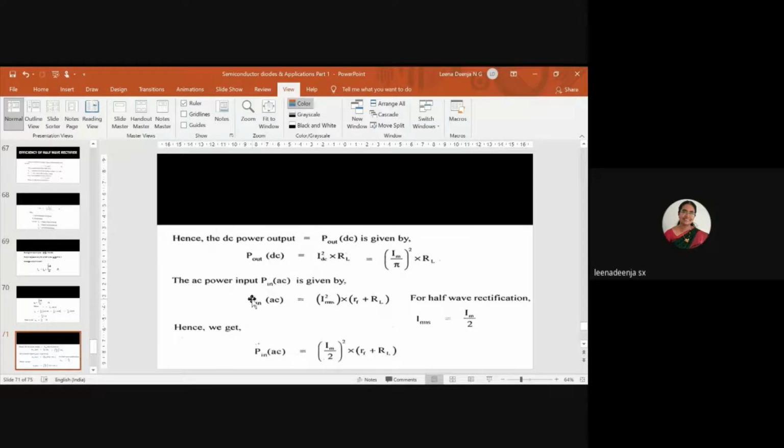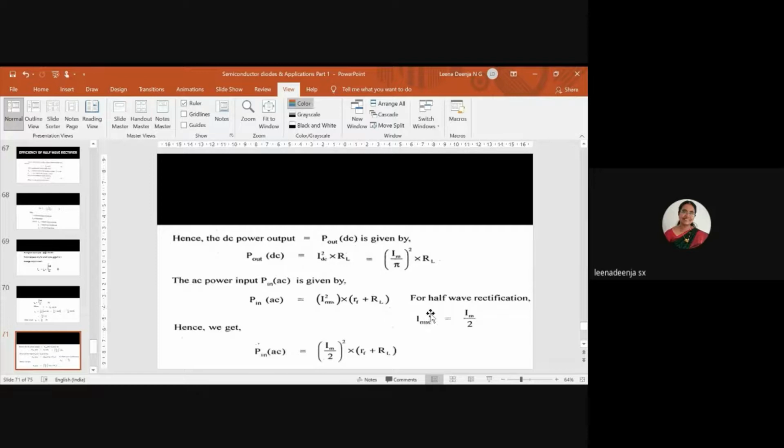Then we want to calculate the AC power input. The AC power input is equal to, AC ayathukonde nammal ividate current ine IRMS nedukkum RMS value. So it is I square RMS. ഇവിടെ AC power ഇത് രണ്ടിനും കൂടിയാണ് വരിക, അതായത് ഡയോഡിനും ലോഡിനും കൂടി വരുന്നതുകൊണ്ട് this is I square RMS into total resistance, that is resistance of this diode plus load resistance RL.